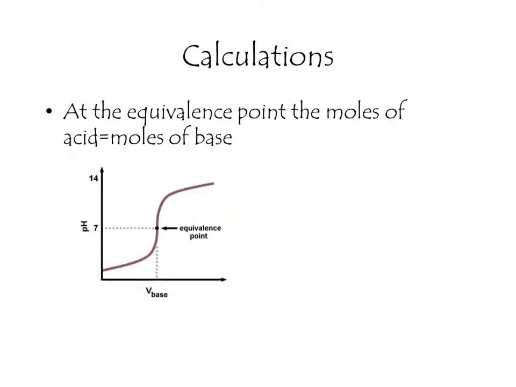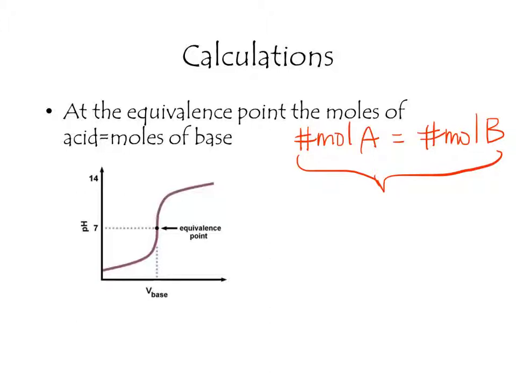Now, at the equivalence point, this tells us that the number of moles of acid is equal to the number of moles of base. Now, that kind of sounds familiar, doesn't it? Number of moles of your acid is equal to number of moles of your base. This should look familiar. It looks like your dilutions.